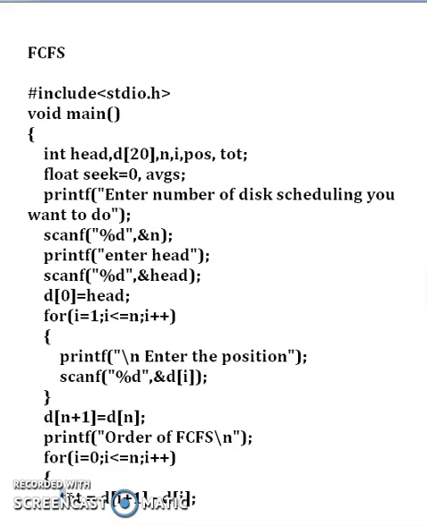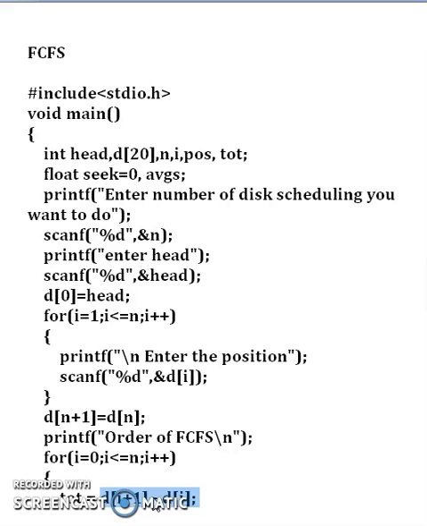The first logic is, in case of FCFS, the order in which requests are inserted into the array, the same order is how they will be processed. In order to calculate the seek time, you need to find the difference between the current and the previous arm location, the head location.